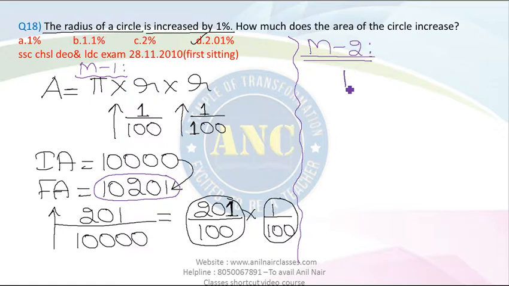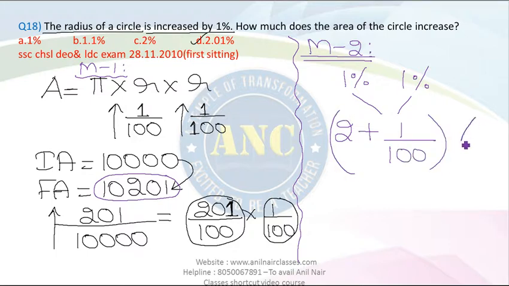If you don't know 101 into 101 as 10201, in that case I told you to please apply successive percentage. Radius increases by 1%. This radius also increases by 1%. Answer is a plus b plus a into b by 100 percentage. a plus b is 1 plus 1, 2. a into b is 1 into 1, which is 1.